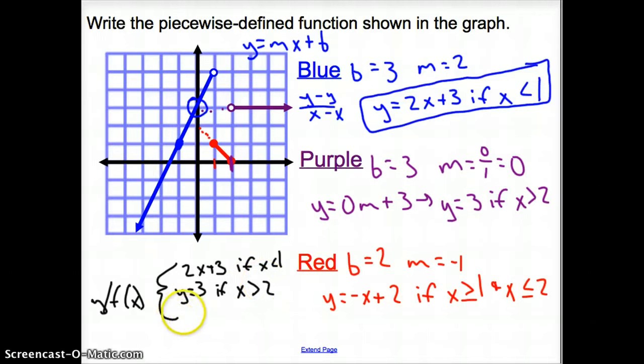And then finally, we have negative x plus 2 if x is greater than or equal to 1 and x is less than or equal to 2.